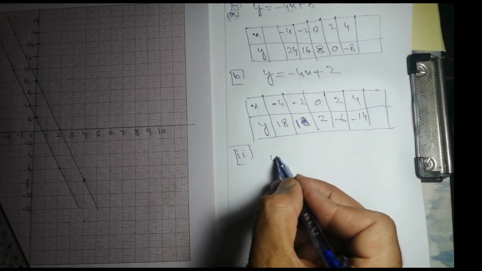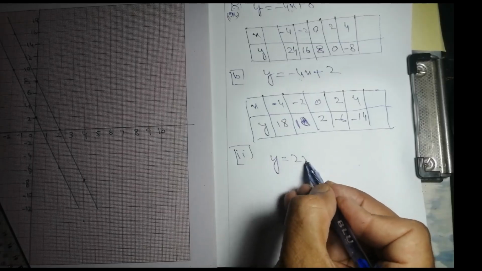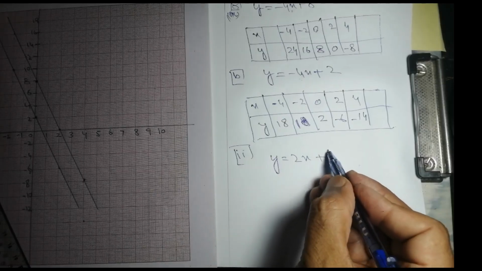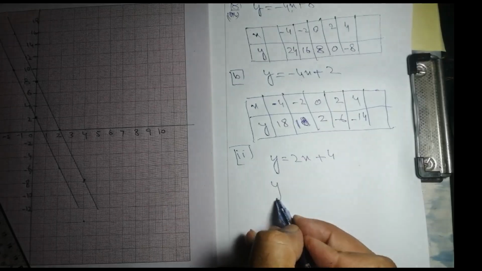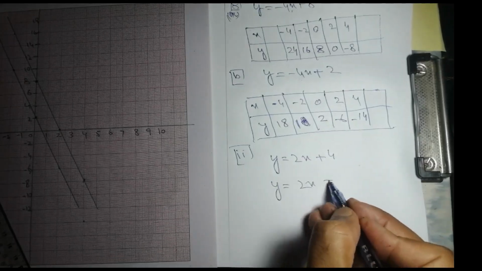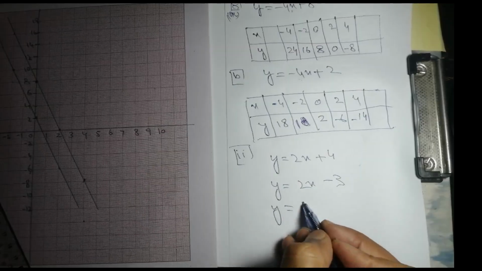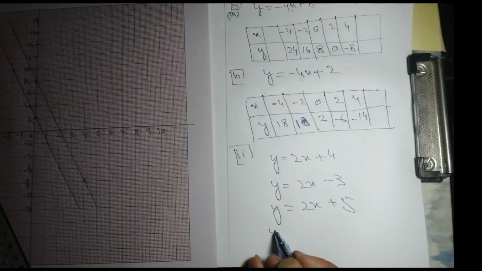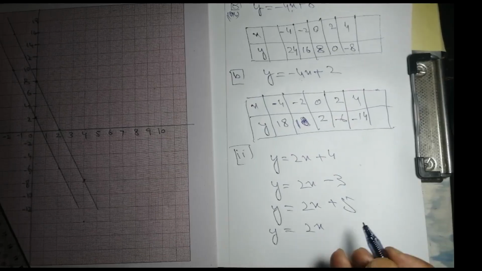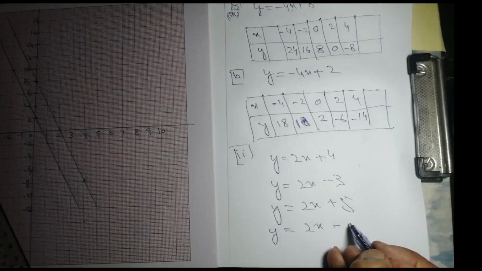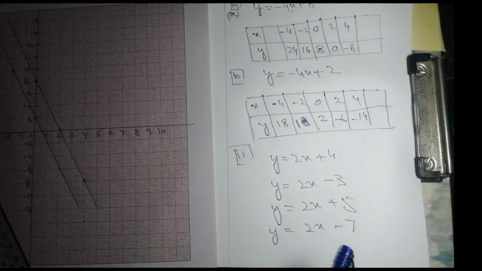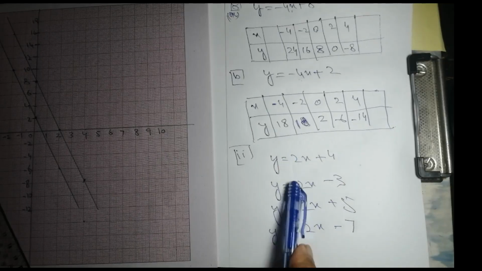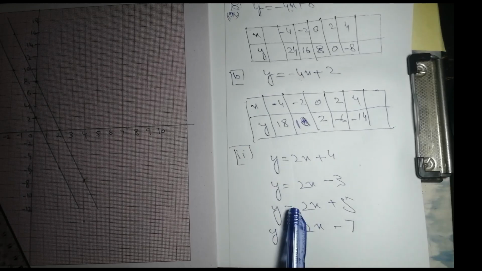For example, if I write y equal to 2x plus 4, and y equal to 2x minus 3, y equal to 2x plus 5, y equal to 2x minus 7, for example. Now all these lines, because their slope is the same, if we draw them, you will see that the lines will be parallel. So this was part 2.